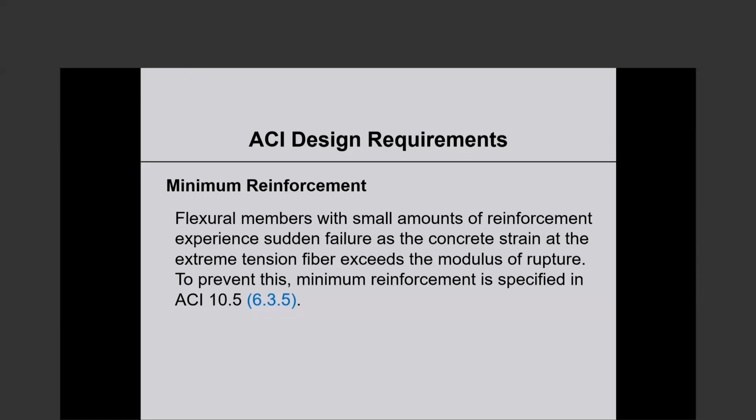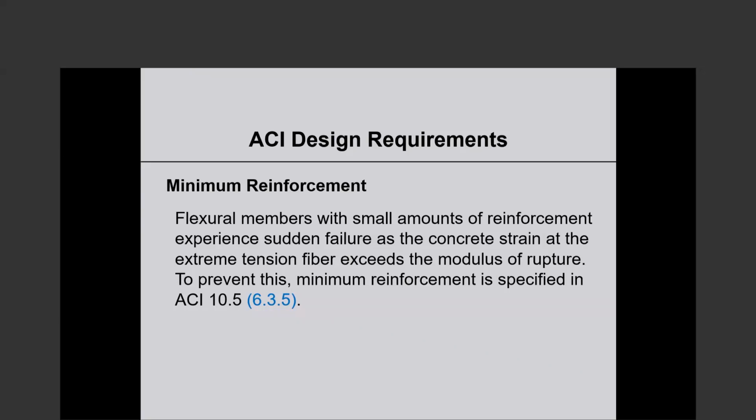We want failure to be preceded by cracks that we can see, by deflection that is visible. Okay, so we need a minimum amount of tension reinforcement for a reinforced concrete beam to behave like a reinforced concrete beam and not like a plain concrete beam.